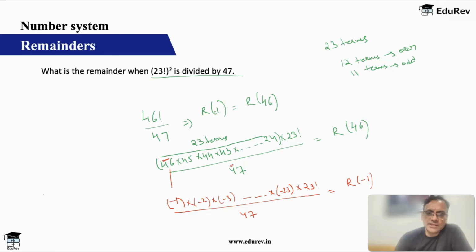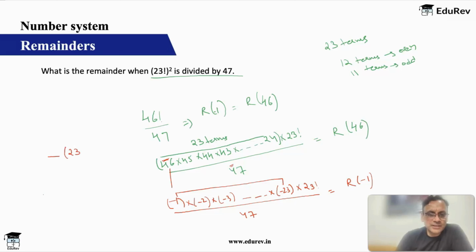Okay. Now you can see that here I have a total of 23 terms, right? 23 terms. So net the minus sign will remain. So you'll get minus, and if you remove the minus, you can see that here 1 into 2 into 3 into 4 up to 23. That means this is also 23 factorial.